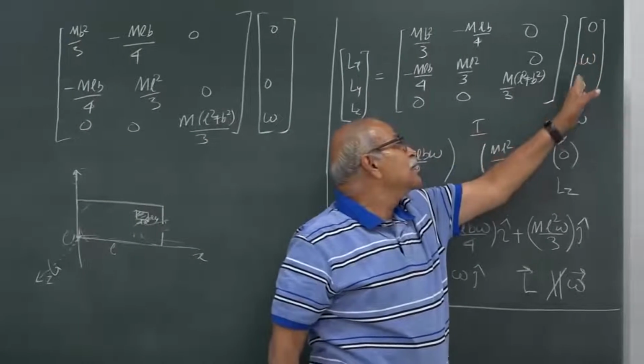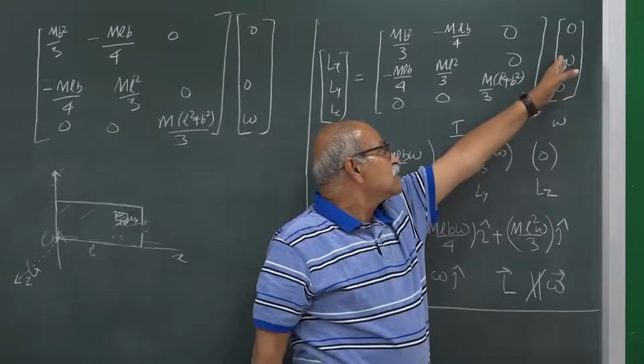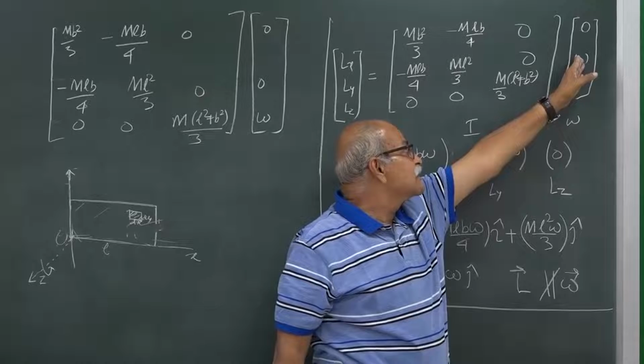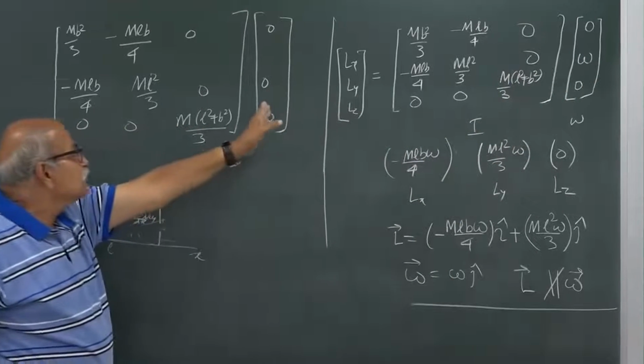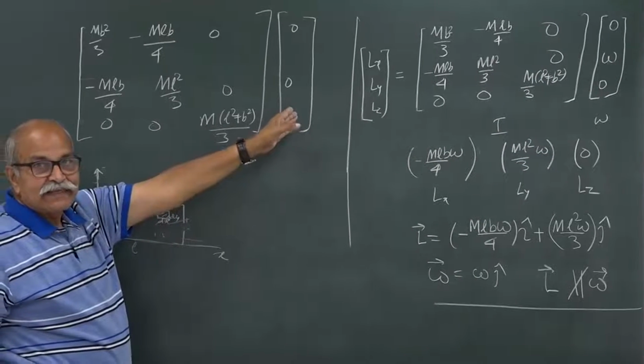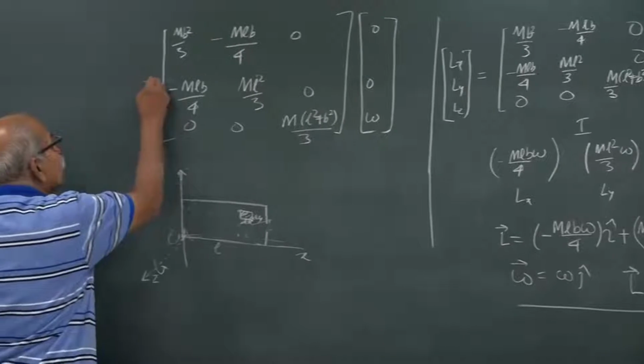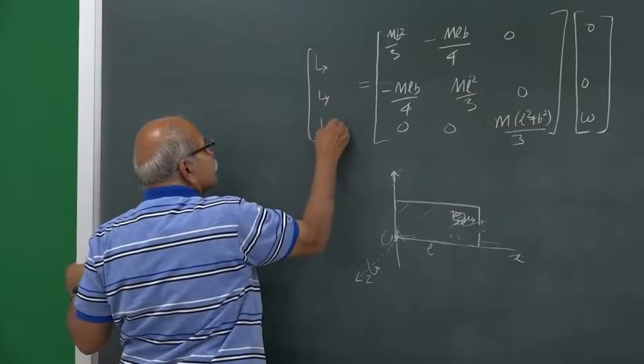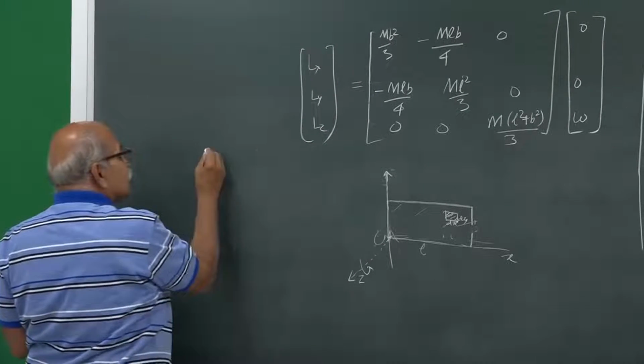Here it was 0, omega, 0, this angular velocity vector was in the y direction; here this angular velocity vector is in z direction. So, see how much is this Lx, Ly, Lz. What is the x component, Lx?